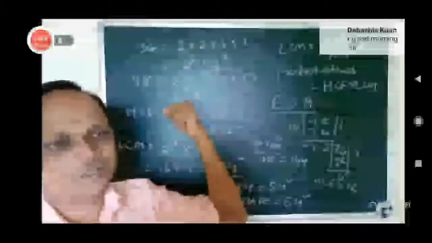But when the question specifically asks to find the HCF or LCM using the prime factorization method, then we have to opt for that process. So let us discuss exercise 1.2. This is all the fundamentals of this exercise.